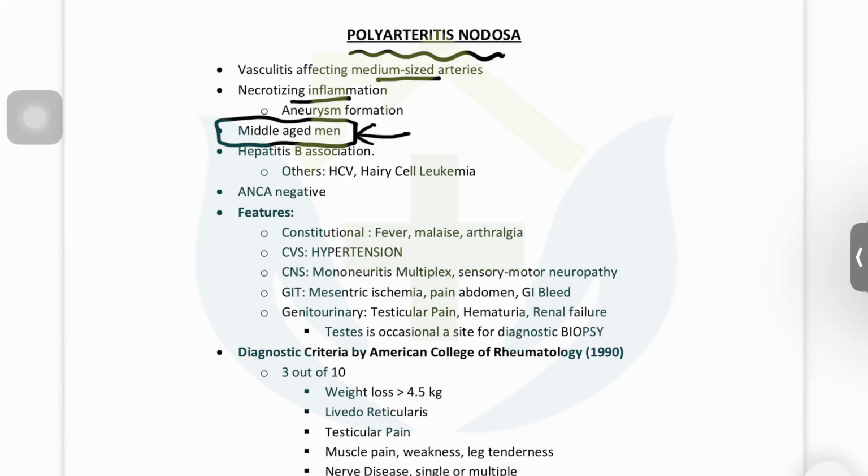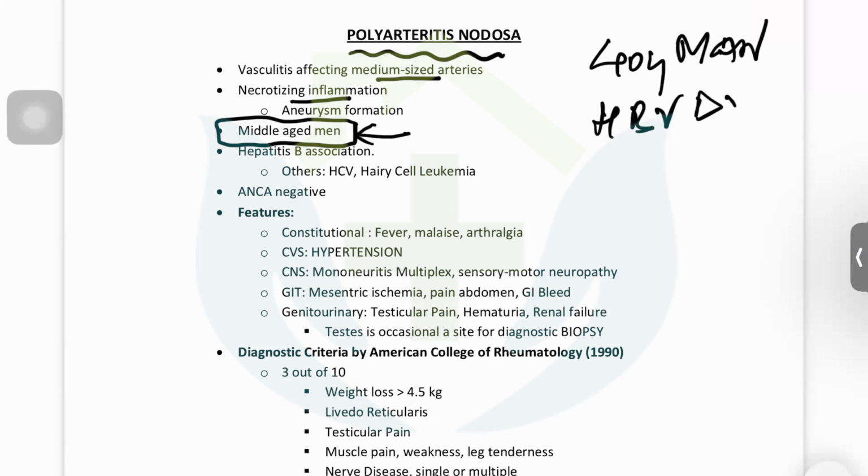So look for these magic words: 40-year man, hepatitis B diagnosed, comes with right hypochondrial pain. Don't think of gallbladder stones, okay? The story is building up with these things.